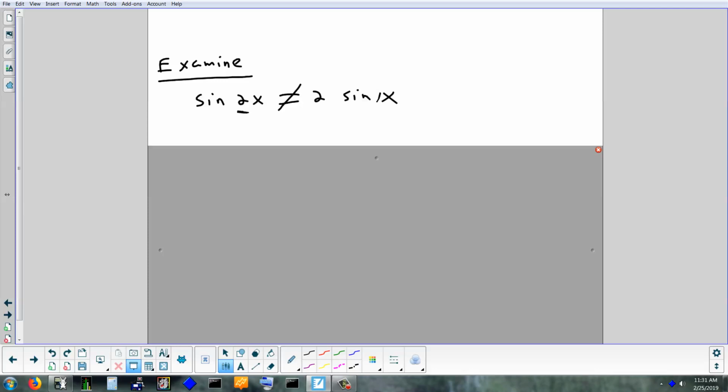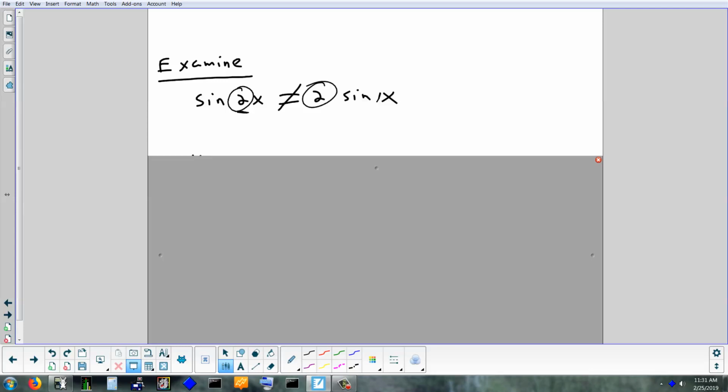That's easier for what we're going to do tomorrow. We don't want 2s or 3s or anything else. Well, you can't just take the 2 and put it in front and say, okay, I'm good. It doesn't work. Even if you just think about it as a transformation, what I just circled, that's a vertical stretch. When you have it on the inside, that's a horizontal stretch or compression. They're not even the same kind of transformation. So they're not the same.